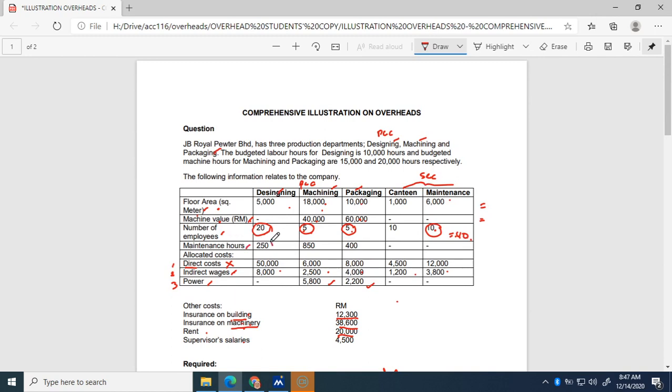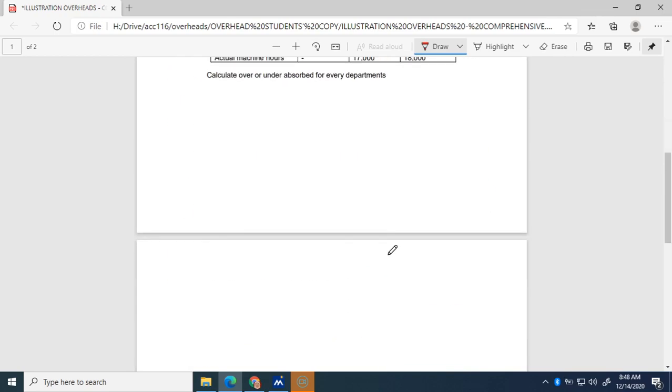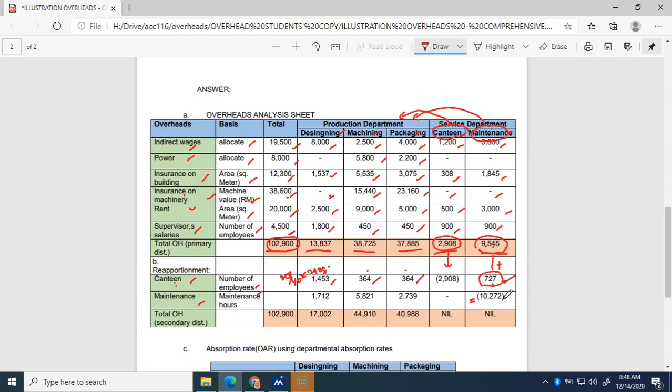So total up 250, 850, and 400. So you get here is 1,500. Okay, so now 250 divided by 1,500 times 10,272, you get 1,712. Okay, 850 divided by 1,500 times 10,272, you get 5,821. And the last one for packaging, you have 400 divided by 1,500 times 10,272, you get 2,739.